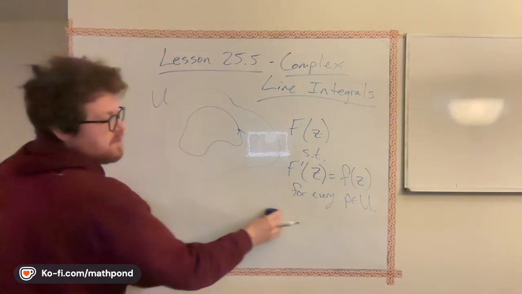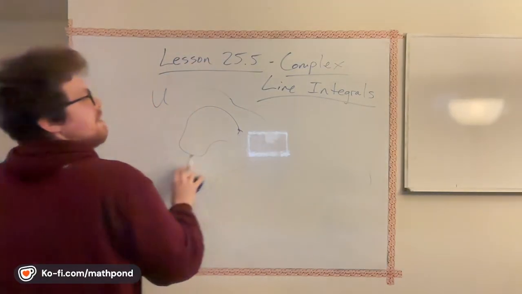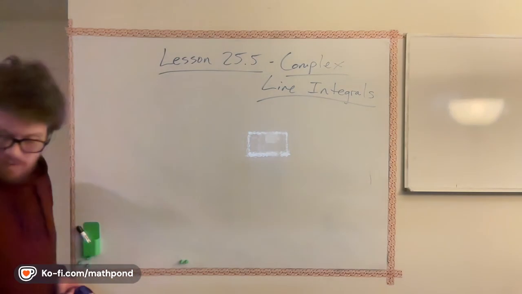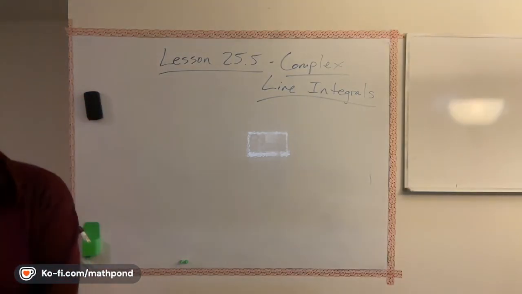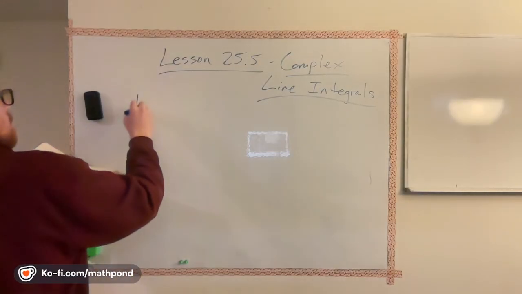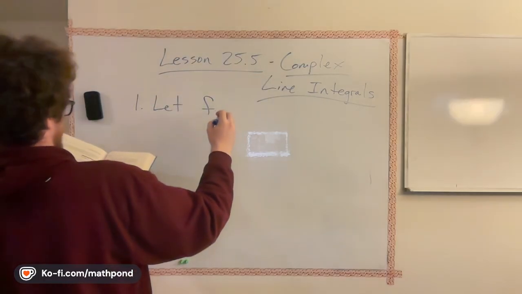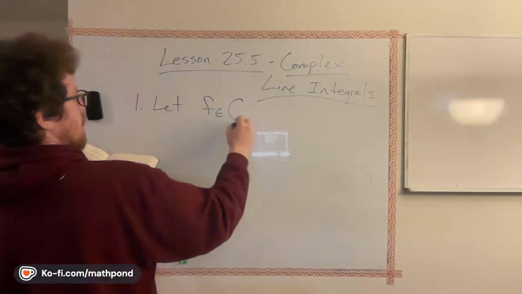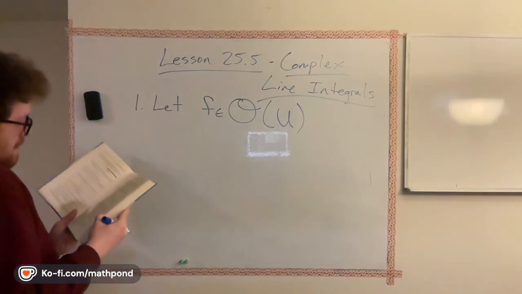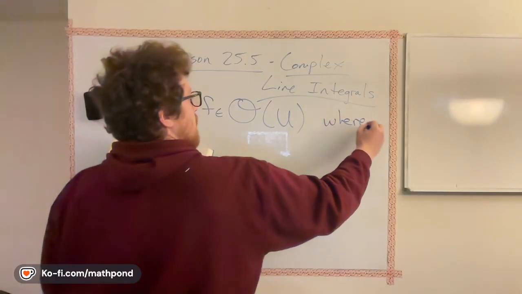Okay, so this is a similar problem to this picture I was just describing here. Problem 1 says, this is page 60, let f be holomorphic on U, just notation, where U is the interior of a rectangle.